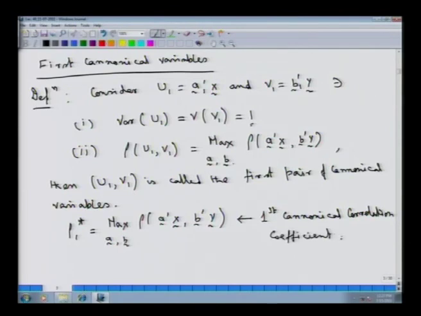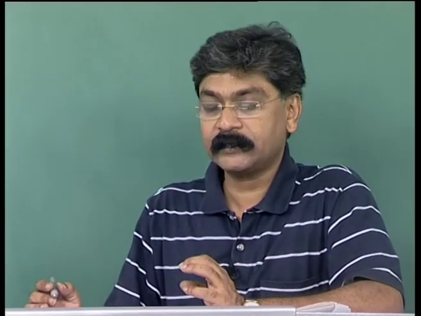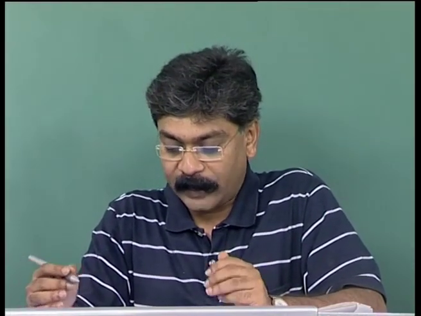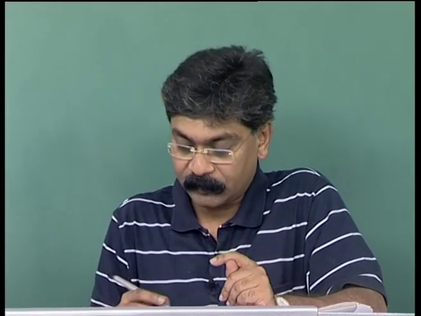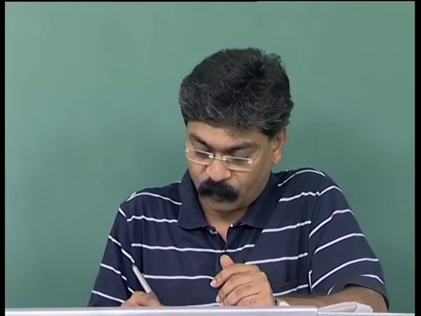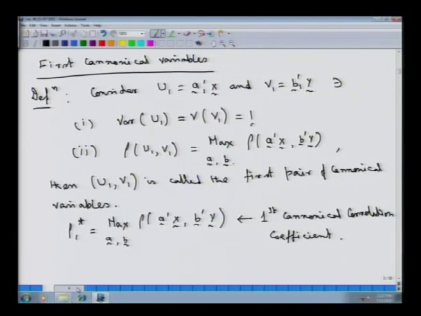Right. So, this is how the first pair of canonical variables is formed with the corresponding first canonical correlation coefficient, which looks at all possible linear combinations between x and y, and then tries to find the one that maximizes the correlation coefficient between all possible linear combinations.